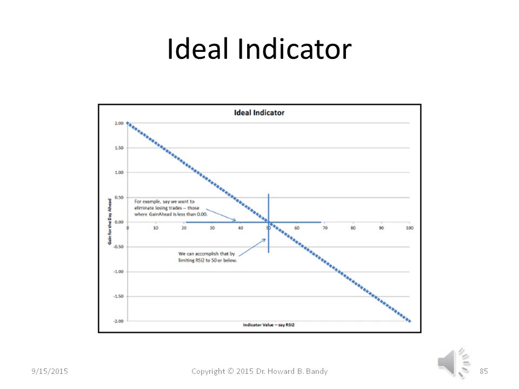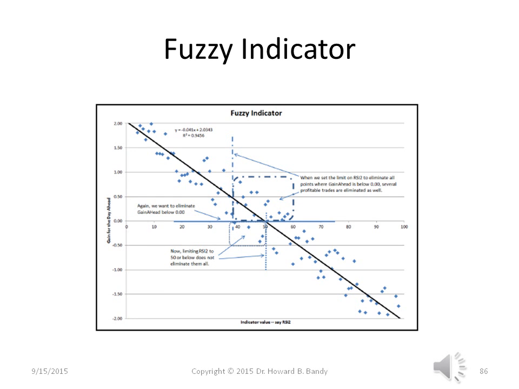If the ideal indicator looks like this, it's pretty easy. But the indicators and the data seldom have that clear relationship. So we've got a little bit fuzzy indicator here, and now if we try and draw the vertical line at the same point, an RSI of 50, we'll see that it doesn't eliminate all of the losing trades.